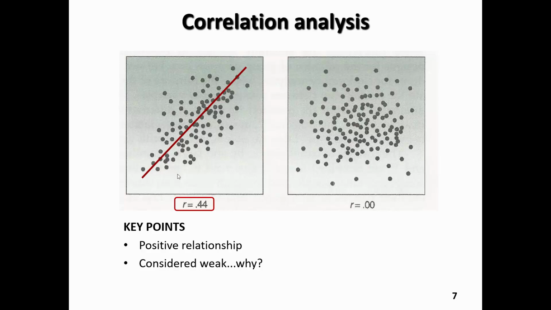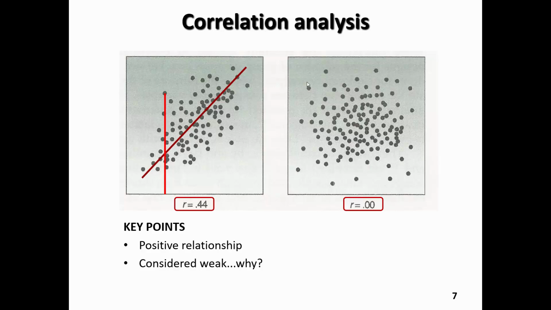Because we have so much scatter, we can't state that this is a strong relationship. One example is if we pick one point on the x-axis and draw a vertical line, we see that at a single point on the x-axis we have multiple y values. That would clearly indicate that we don't have a strong relationship between these two variables.